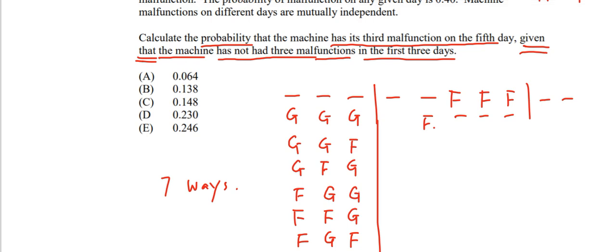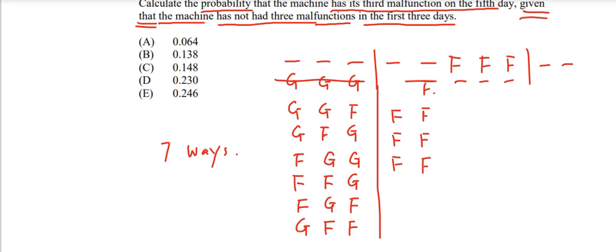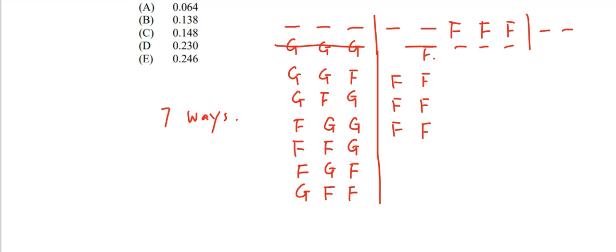So we say this is not the case. And for those, we should put F and F, right? If we already have two F here, then this is G, good, and this is good. Okay, so this is the probability.